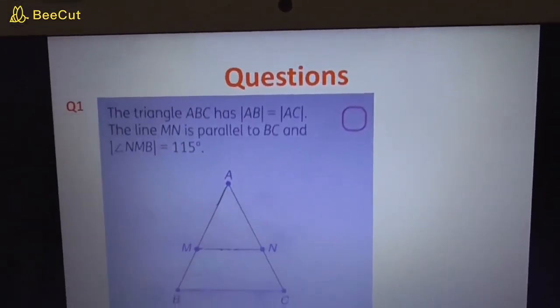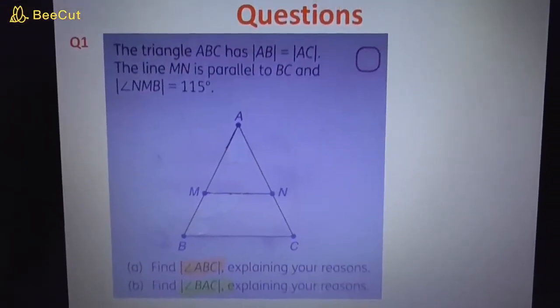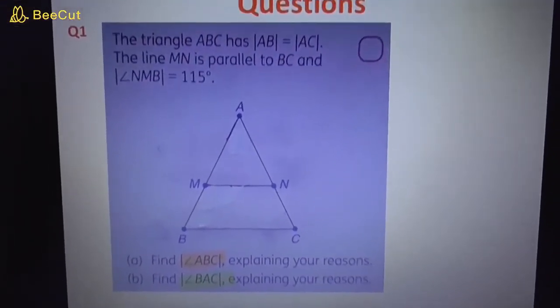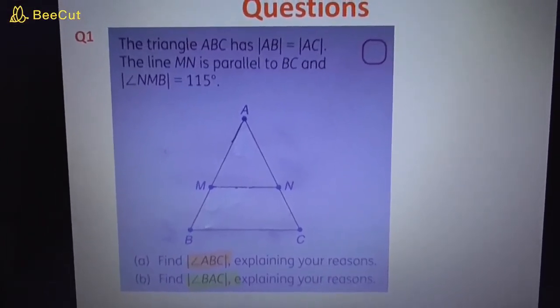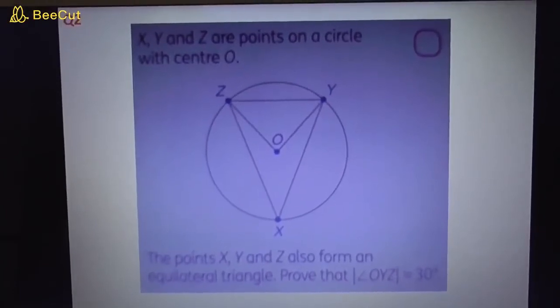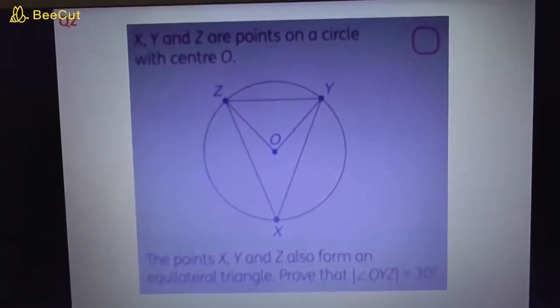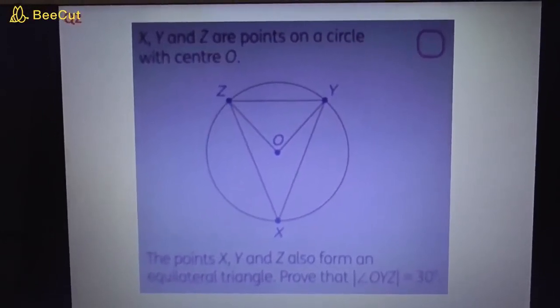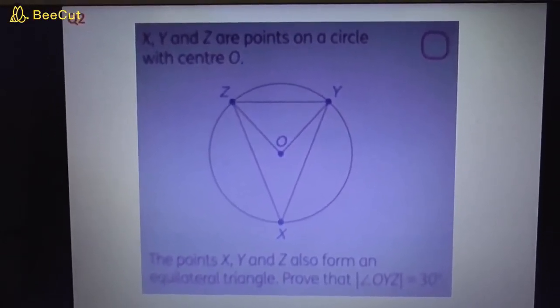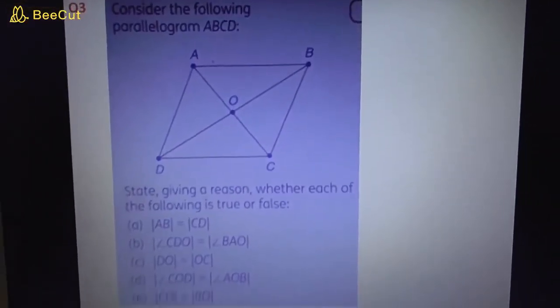Okay, so next I want you to look at the following questions and do these, and then pause the video. Okay, so question 1. Question 2. These are going to use your proofs now, and a lot of it will either be using similarity or congruency to prove them out, or your knowledge of circles, radii, circumferences, angles. Question 3.